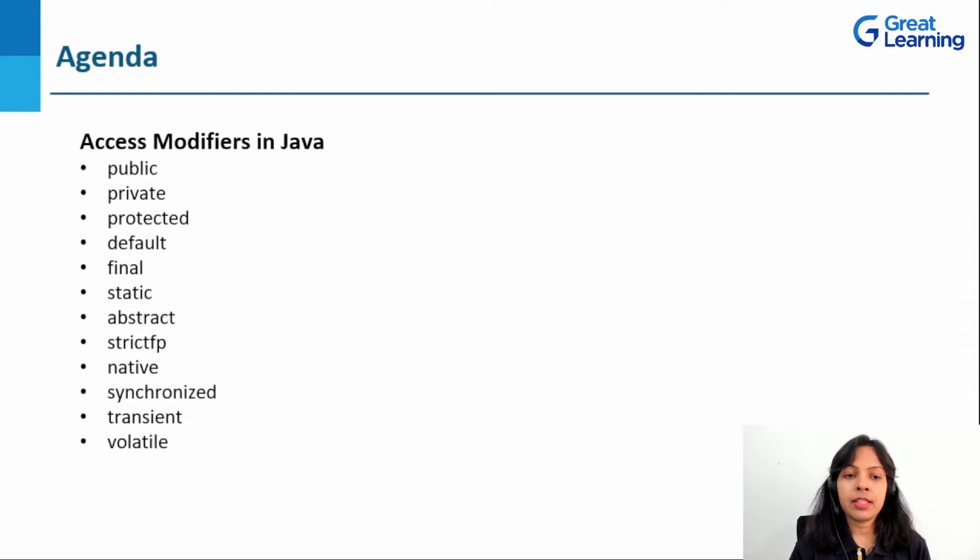So today the topic is access modifiers in Java. As you can see on the screen, it's mentioned: public, private, protected, default, final, static, abstract, strictfp, native, synchronized, transient, volatile. So all kinds of access modifiers I'm going to discuss today in the session.